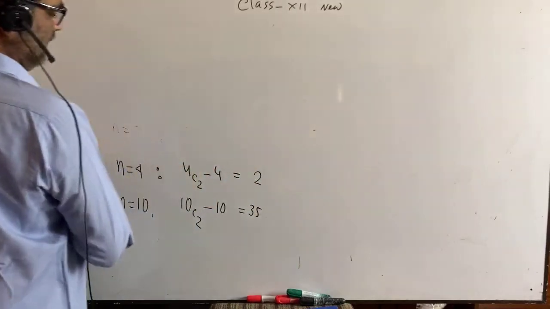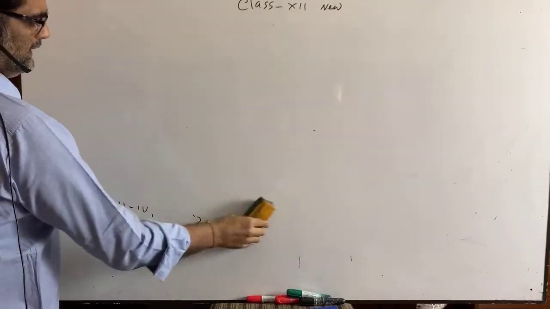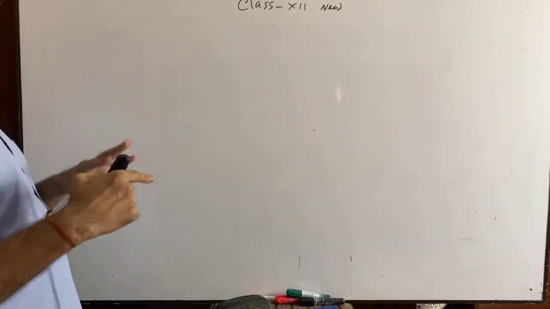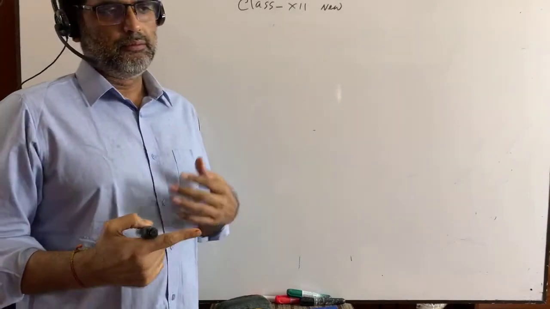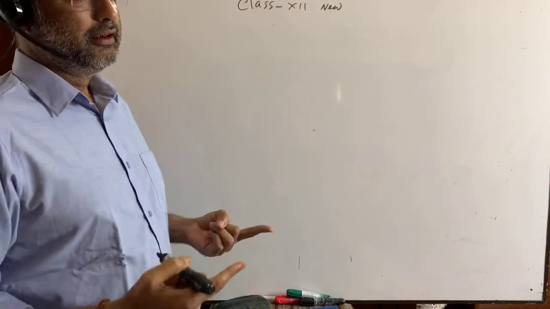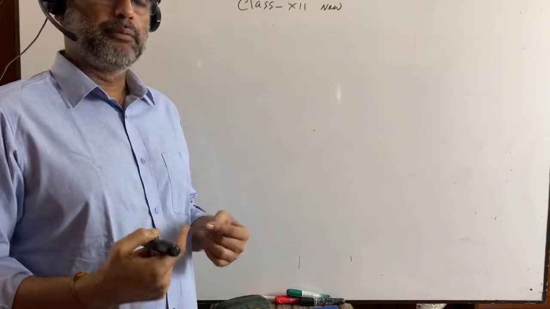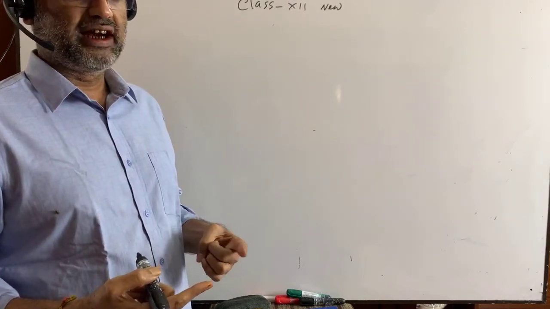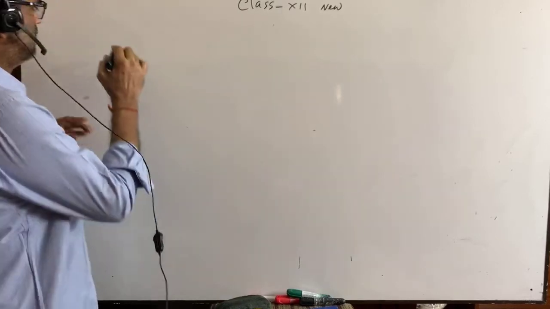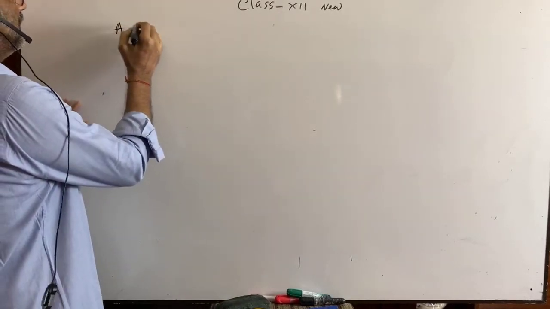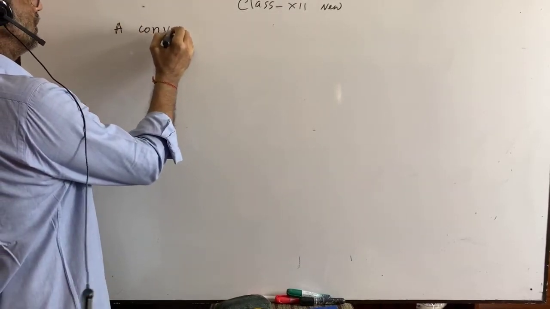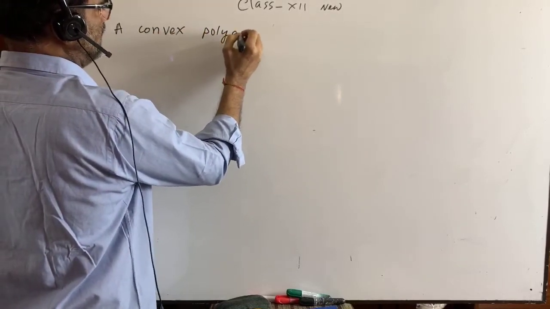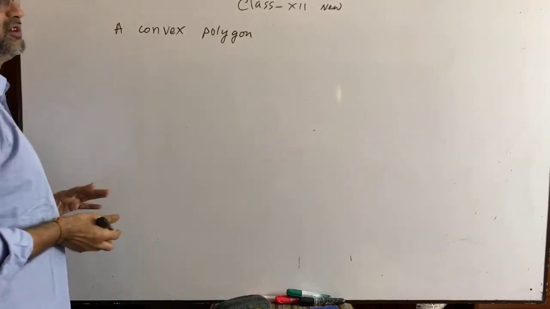Now suppose you are given the number of diagonals, and you have to find out how many sides there are. Suppose a convex polygon. Convex means what?